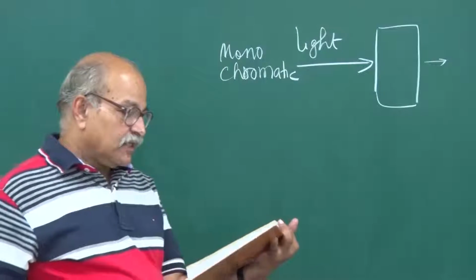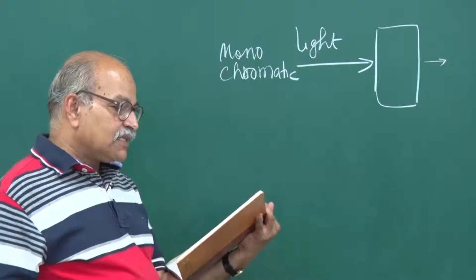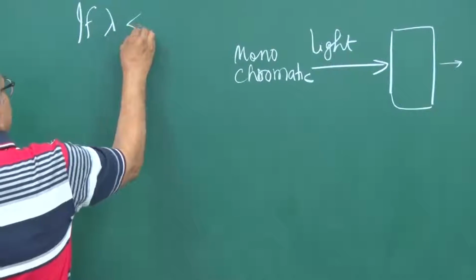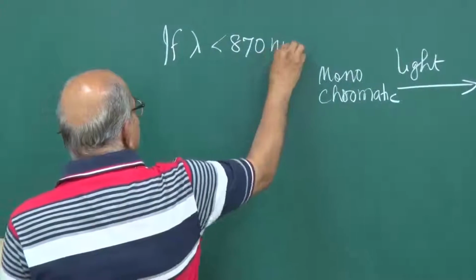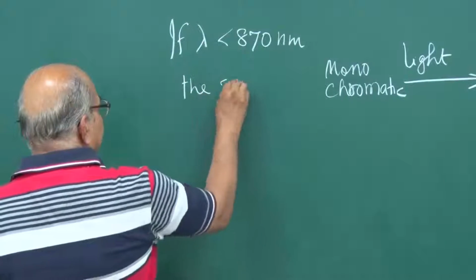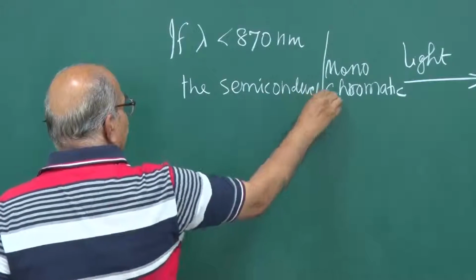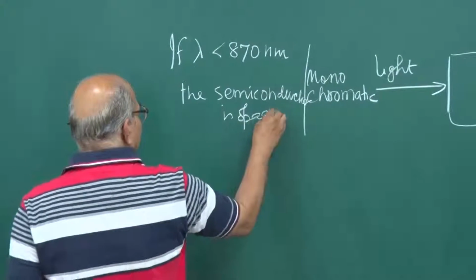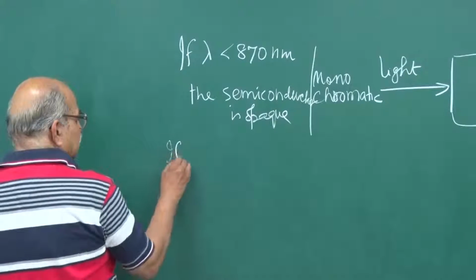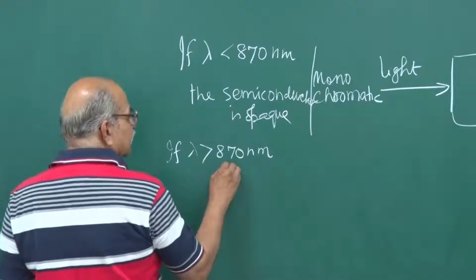The problem says that a monochromatic light is made to fall on a semiconductor, and it is found that if the wavelength lambda is less than 870 nanometers, the semiconductor is opaque, but if lambda is more than this, it becomes transparent.